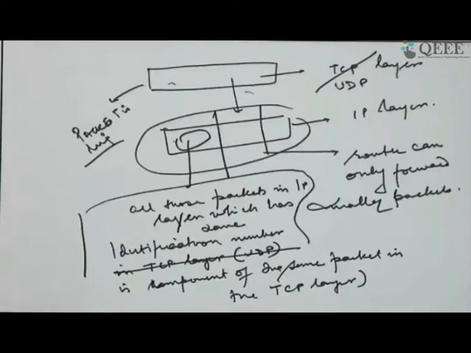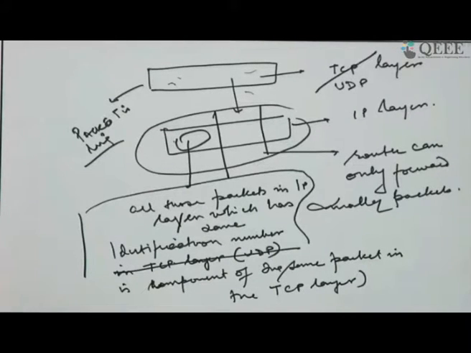Please have this clear: a packet comes from the TCP layer to the IP layer, but this packet is big and the router cannot forward big packets. Then what will you do? You can discard it, but that is of no use.